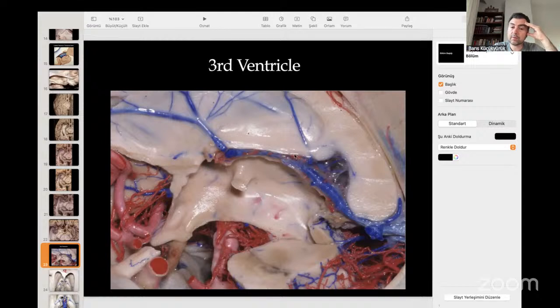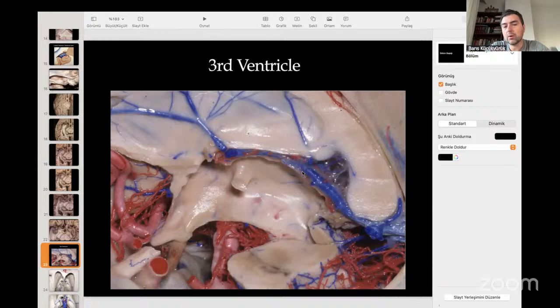The roof of the third ventricle is formed by four layers. The most upper one and the most inferior one are called the tela choroidea, which are arachnoid-like structures, which we see here. Of the middle ones, the second and third, one is a venous structure. The other is an arterial structure.